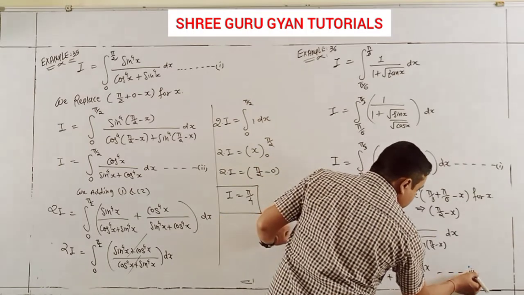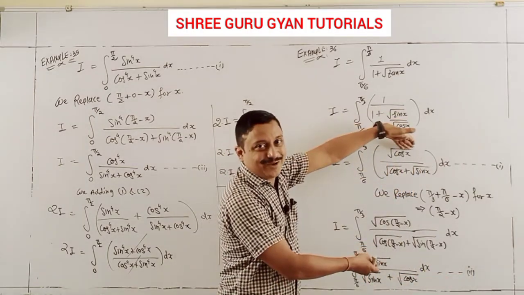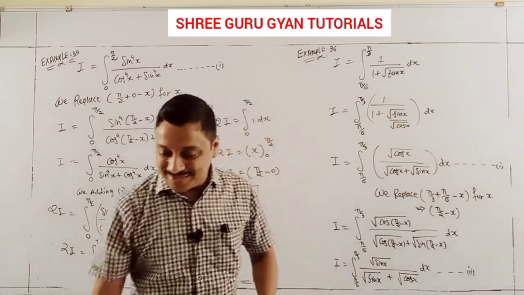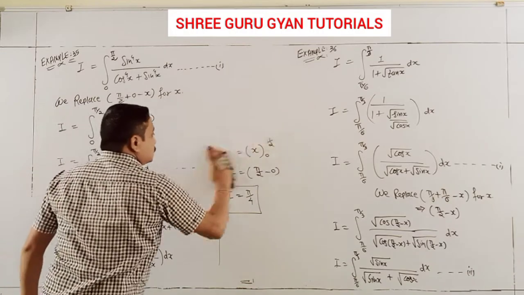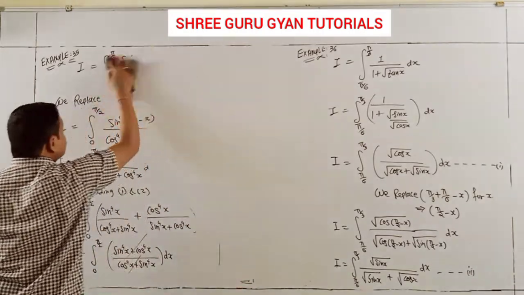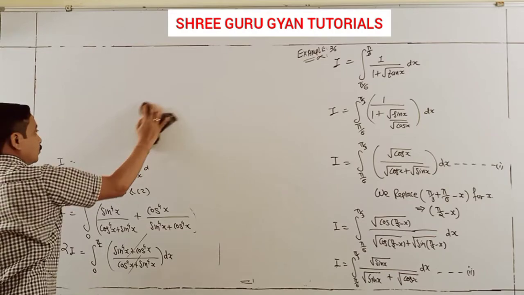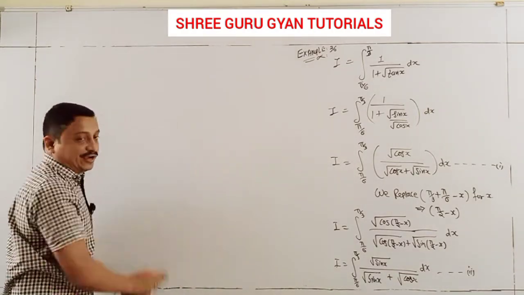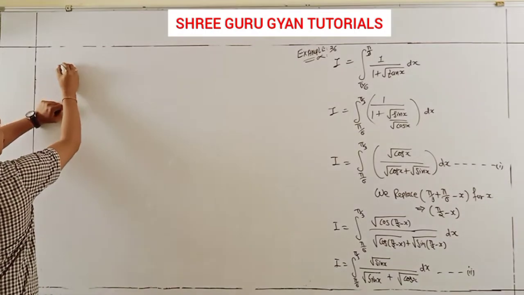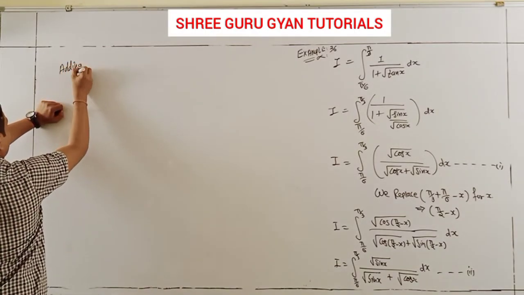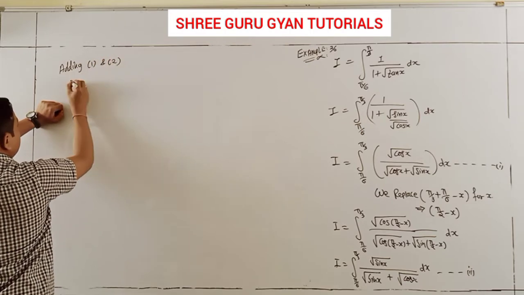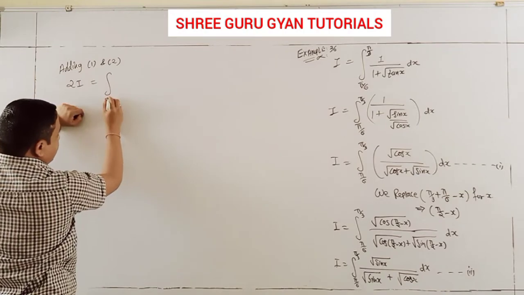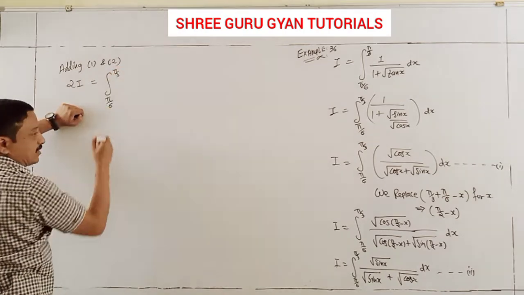Statement 2. Now same, if you add, what do you gain? Here also adding, then you get 1. Same sum, no? Yes. After this, students, I go ahead adding 1 and 2. It is 2I, and pi by 6 to pi by 3 are the same.